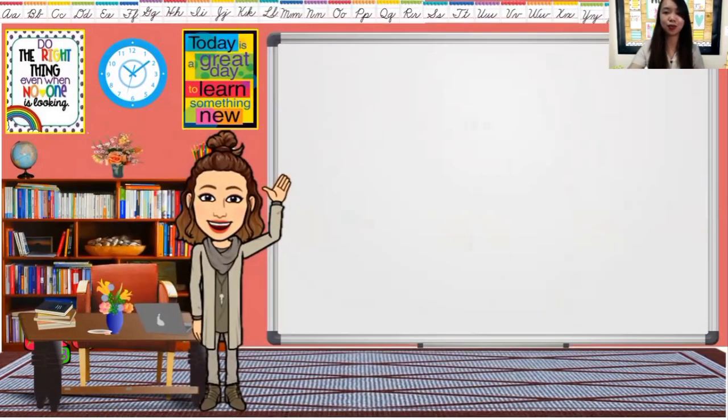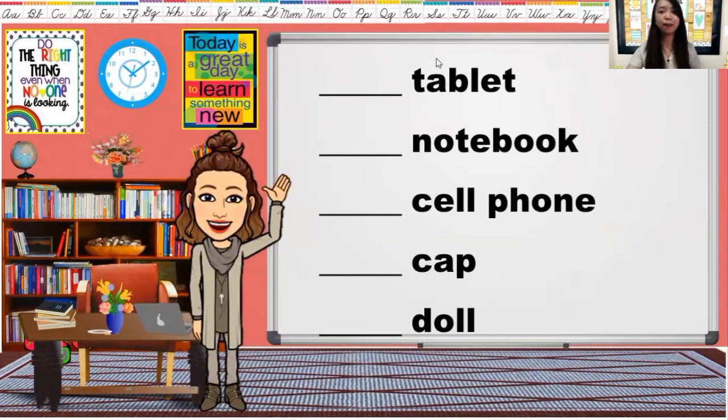Now let's answer this one. Blank tablet. What could be your answer here? Is it a or an? Okay, do you have a guess? Okay, the answer is a. Very good. A tablet. Okay, second one, blank notebook. The answer is a notebook. And a cell phone.